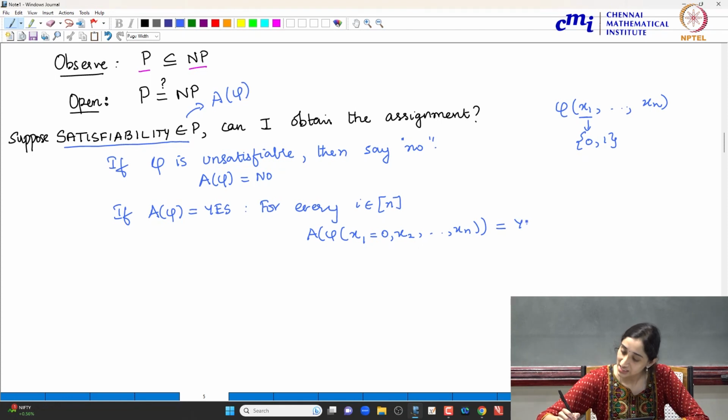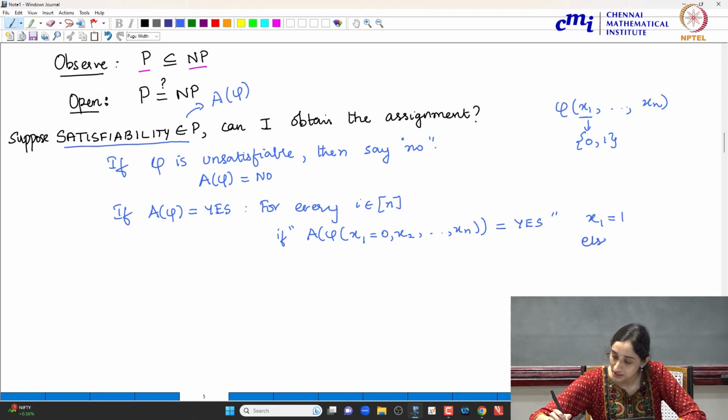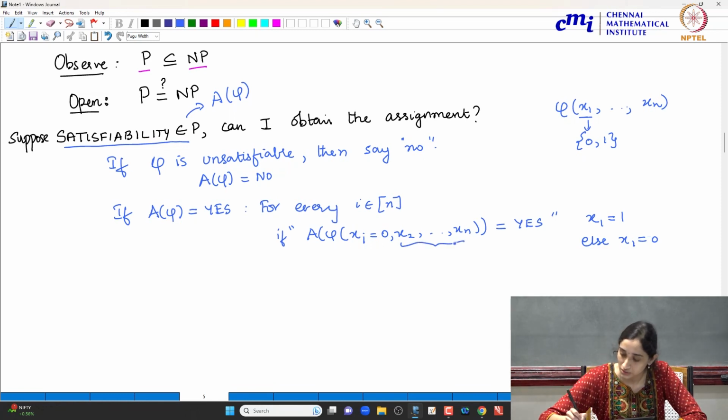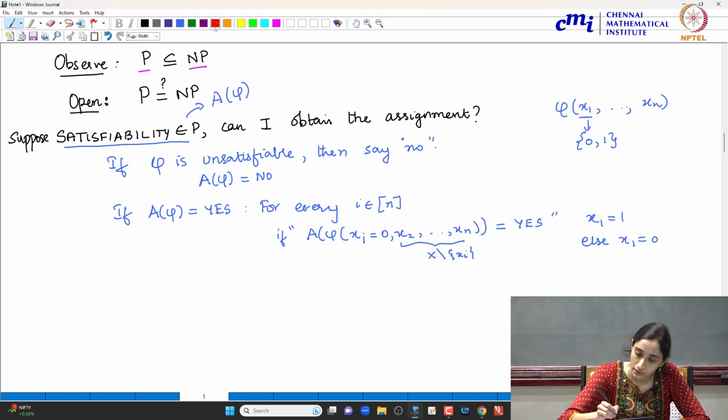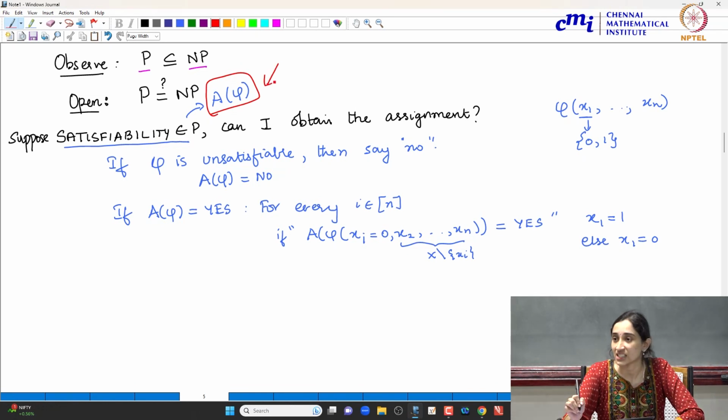If this says yes, then I know that x1 should be set to 0, else x1 should be set to 1. I have to do this for every i, for the variables x1 to xn. So by asking this algorithm repeatedly, you can get that satisfying assignment.